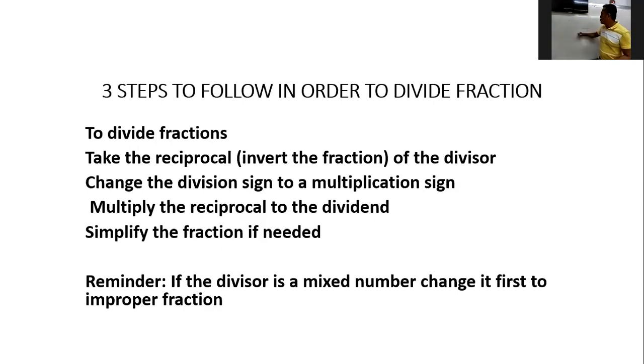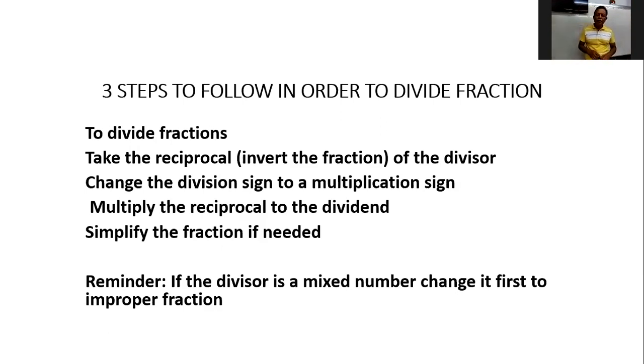Sir Murillo, what if it's a whole number? For example, if you have 5, then remember what I told you yesterday, when you have a whole number, the reciprocal of this would be 1 over 5. You get it?